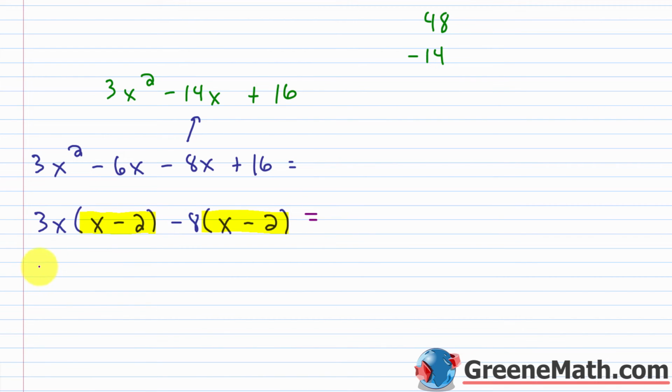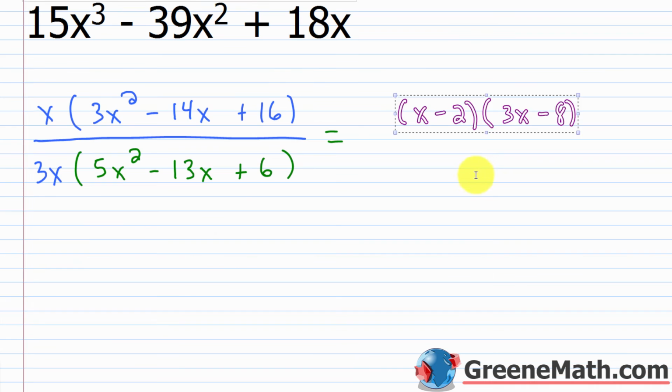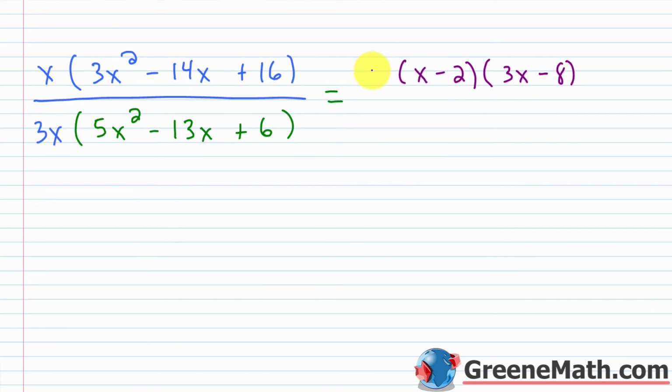If I factor that out, I have x minus 2, that quantity, times the quantity 3x minus 8. And so this is the factorization. We have this x that's outside, so we have x times the quantity x minus 2 times the quantity 3x minus 8. That's your numerator. Now let's work on the denominator.